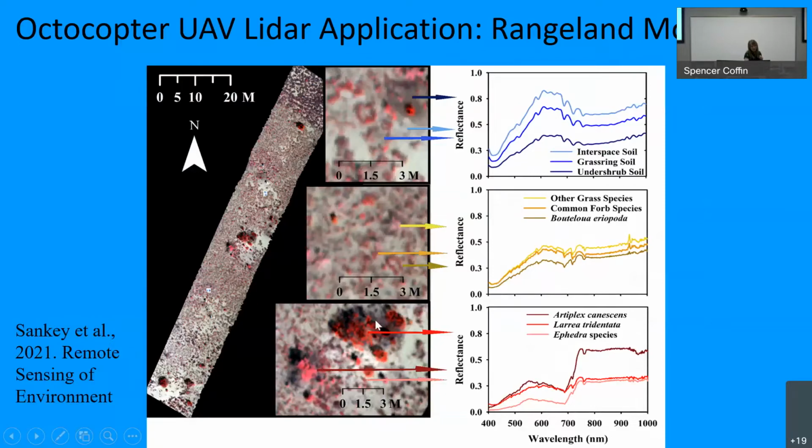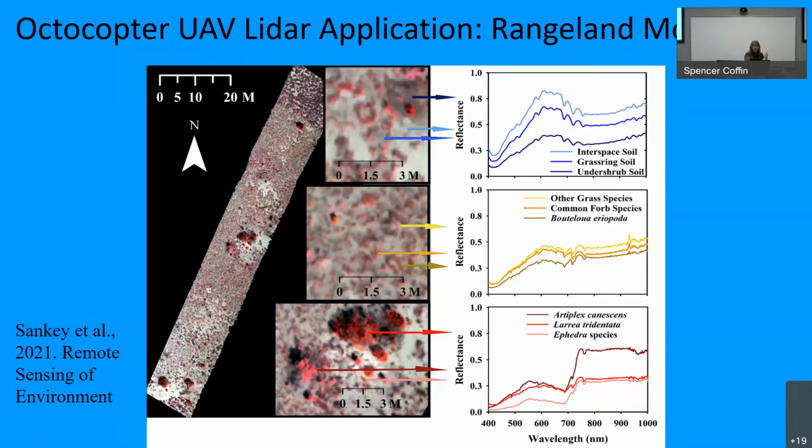These are zoomed in sections of the same image, and using the hyperspectral data and the unique spectral signature in this data, we're then able to separate out all the different shrub species or all the different herbaceous species, as well as the different soil types that are all associated with different amounts of soil organic matter and nutrients.